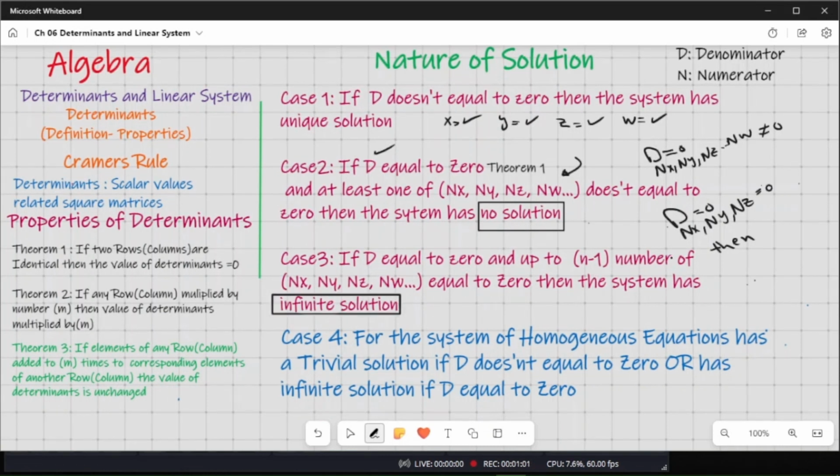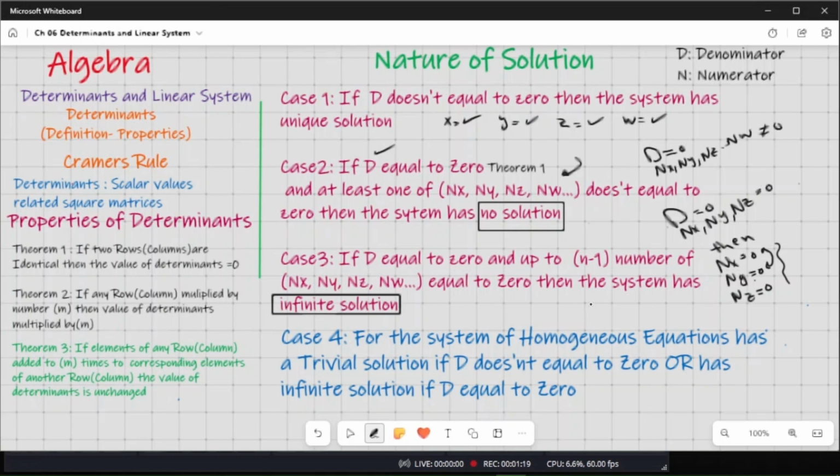Okay, and here only nx can be 0, only ny can be 0, only nz can be 0, or ny and nx, or all three.